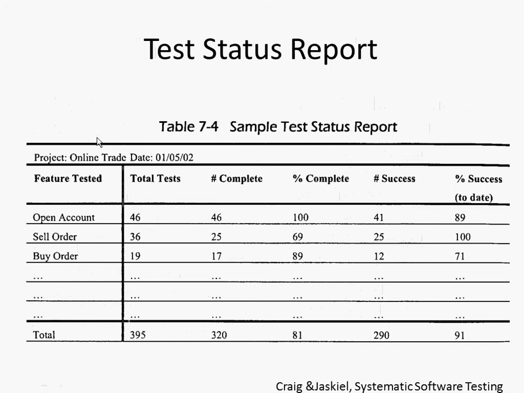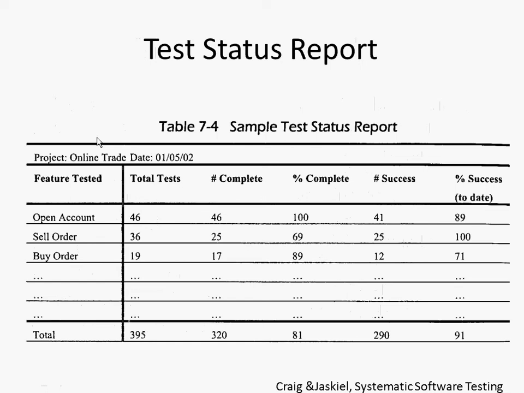This is a test status report that might occur in a project. So you have a feature, a certain number of tests that work against it. What number of those tests are reaching completion in terms of how they run? What number are successful, and what's the fraction that pass?